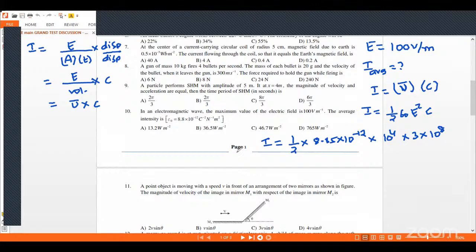Okay? Fine? So upon calculation, we'll get it as 13.2 watt per meter square. That is option A.